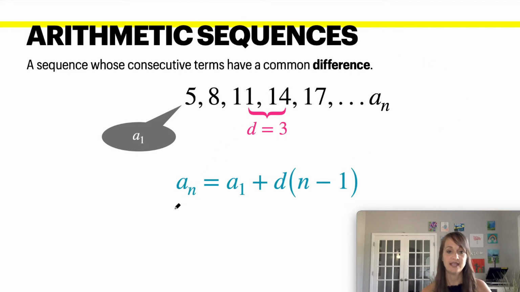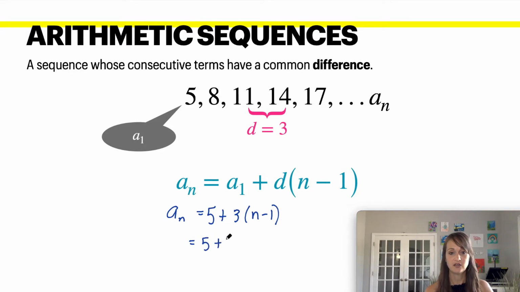So in this case, the nth term would be your first term, 5, plus the difference, which is 3, times n minus 1. Or you could simplify it. Go ahead and distribute the 3, and then combine like terms. 5 and -3 is 2. Or you could rewrite it as 3n plus 2, either one.